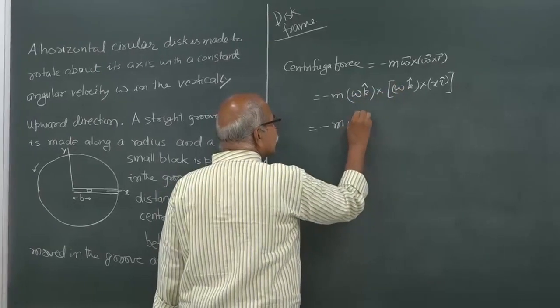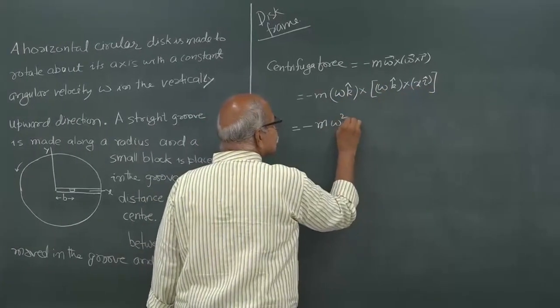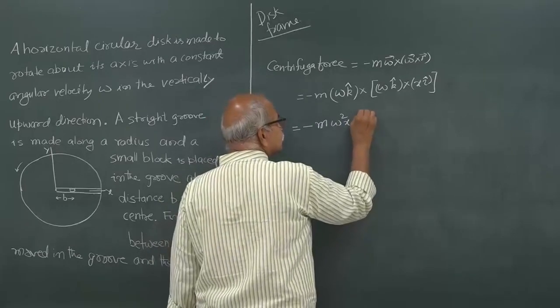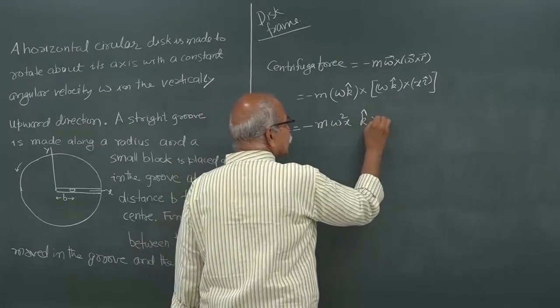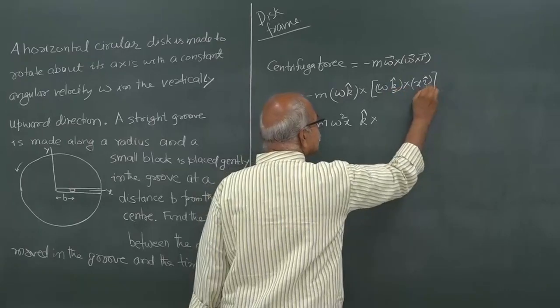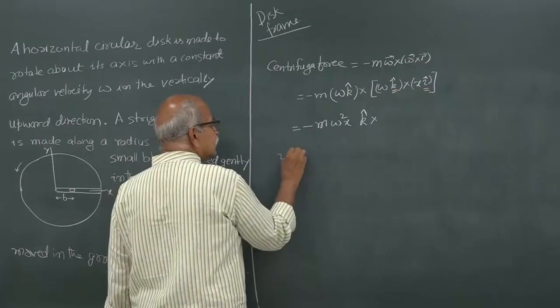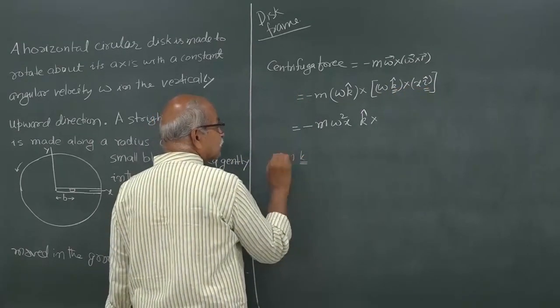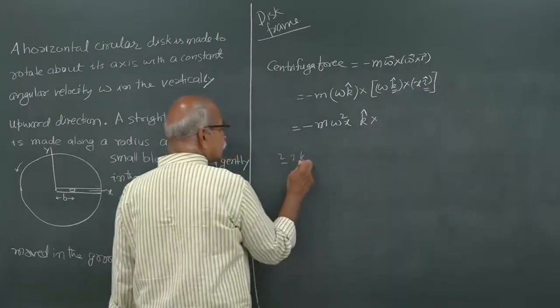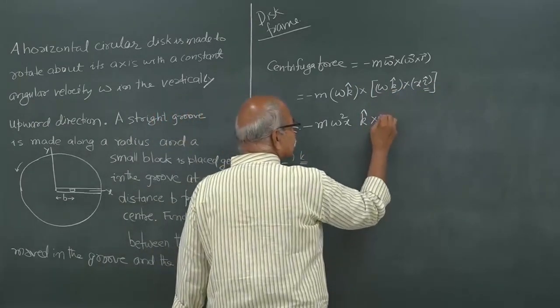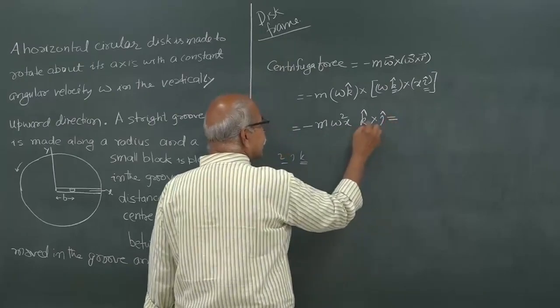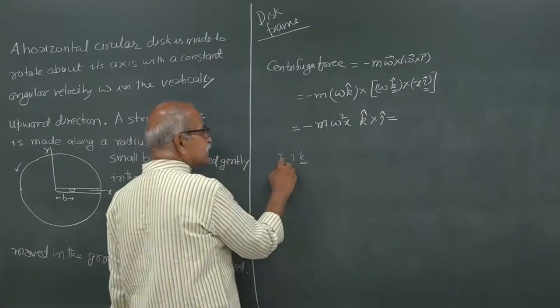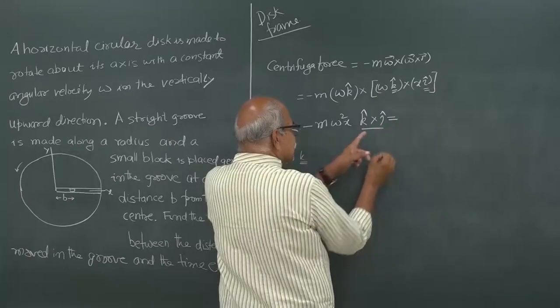and this will be equal to minus m, omega square, and this x, and then these cross products, k cross i, k cross i will be j. So, this will be j, and then k cross j is minus i cap. So, it is minus r, this is minus i cap.